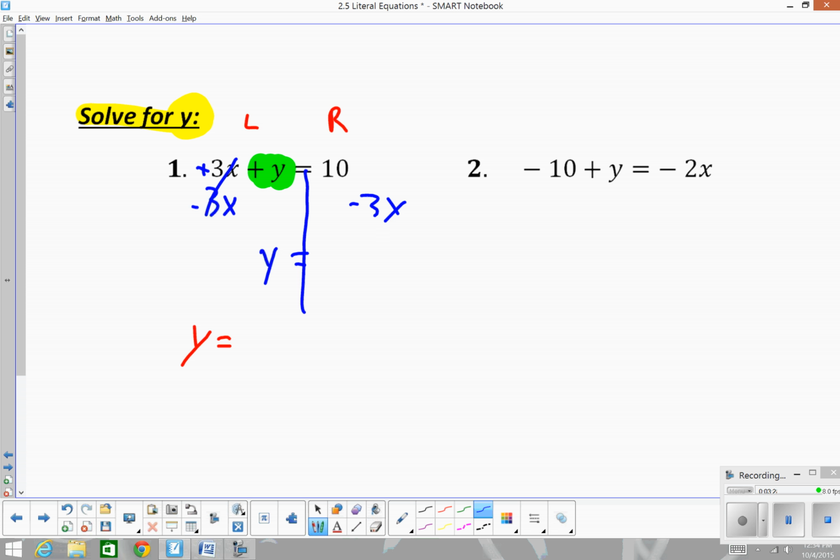So simply all you're going to do is write what it says, which is 10 minus 3x. Okay? And now I have y by itself. And once I have y by itself, I am done, and that is my complete answer.